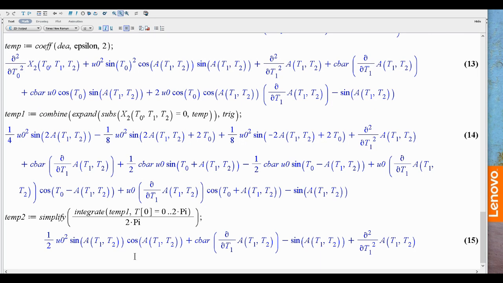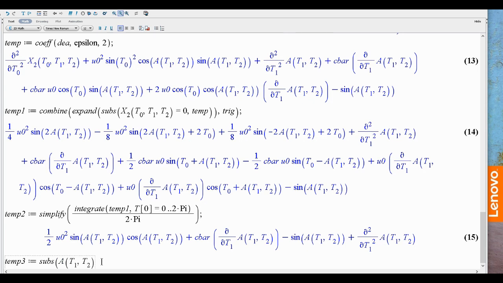So what we will do is we will say temp3 is equal to substitute, and then we will say control C, we will say this one is equal to theta of T1.